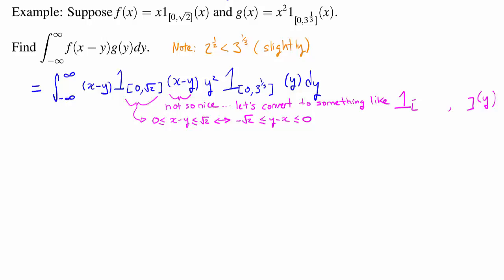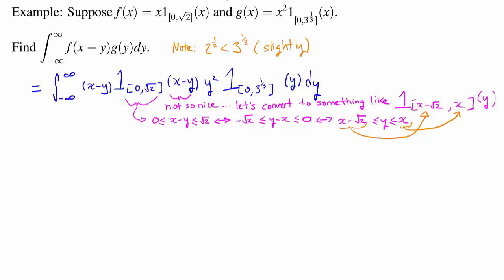And now we have y in the right direction. Then we can add x to all three parts, and we get x - root 2 is less than or equal to y, which is less than or equal to x, and this is an equivalent condition. So we can rewrite that indicator function as the indicator of the closed interval from x minus the square root of 2 up to x, of y.